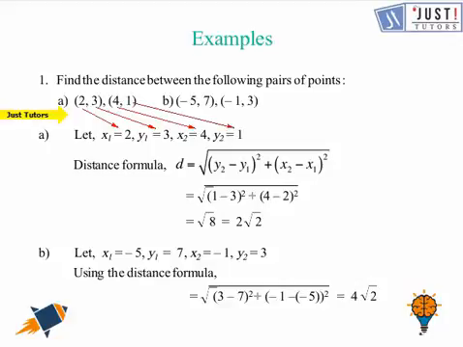Then, using the distance formula that we have just learned, putting all the given values in it, we calculate our answer. You can pause the video here, try this question and match your answer with the solved example. Similarly, in the second one, we'll do the same thing. However, we'll be a little careful with the negative signs that we have in our question.